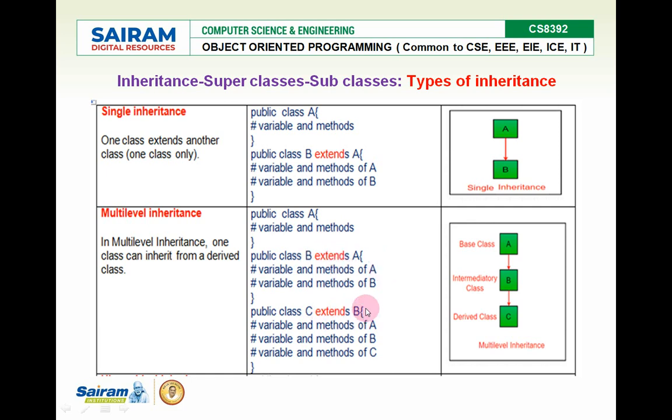Because of extends B, all the methods and variables available inside B are inherited or acquired in class C. It also has the variables and methods of class C. This is called multi-level inheritance, from A to B, from B to C. It's simple. A is a base class for B, and B is a base class for C. That's multi-level inheritance.